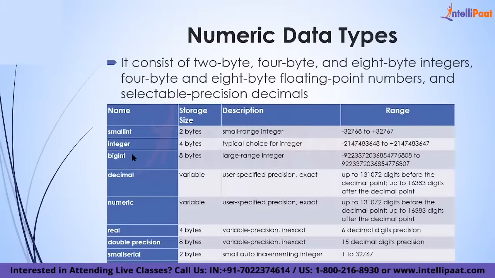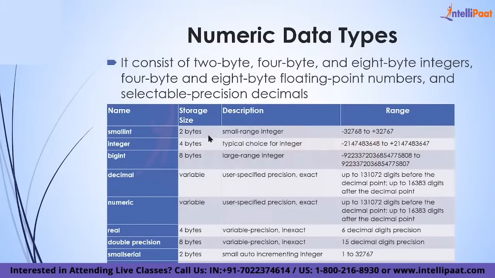So if you don't have the requirement of having this many values, avoid using bigint. Or if you don't need this range, you can see the range, the lowest and the highest value which you can use.